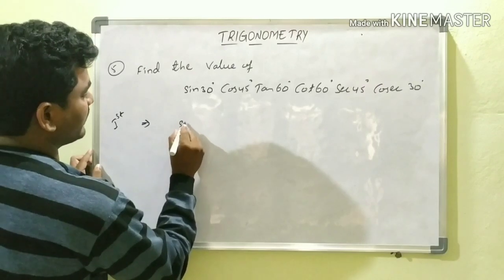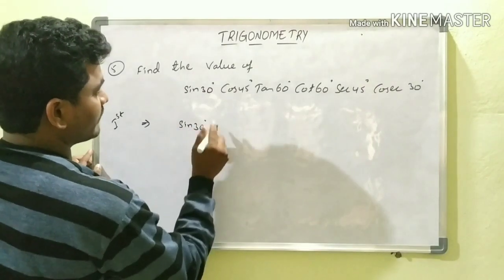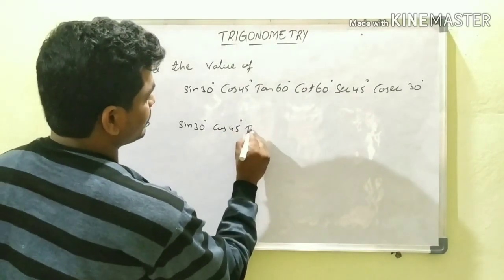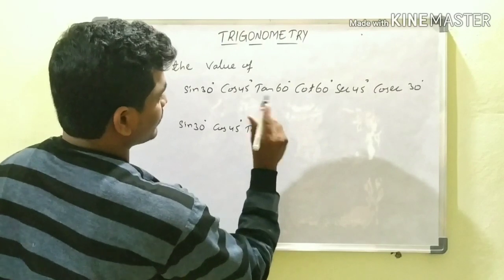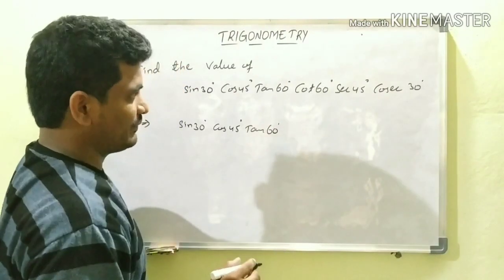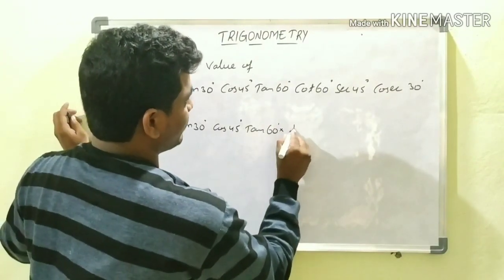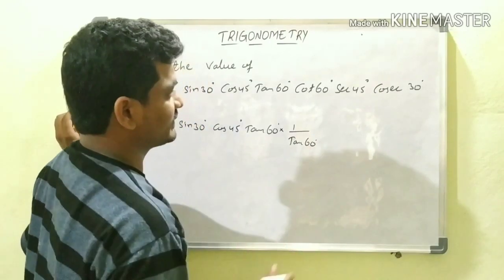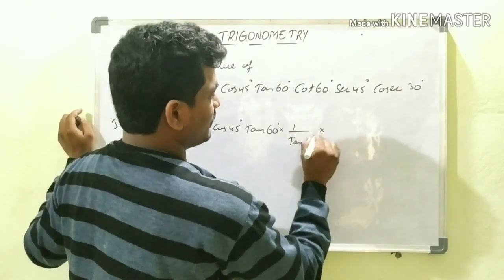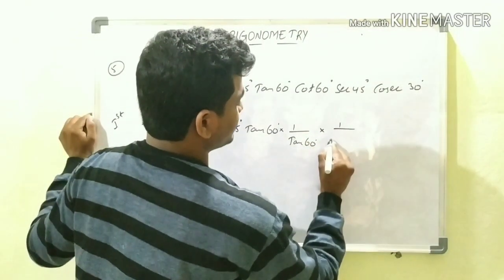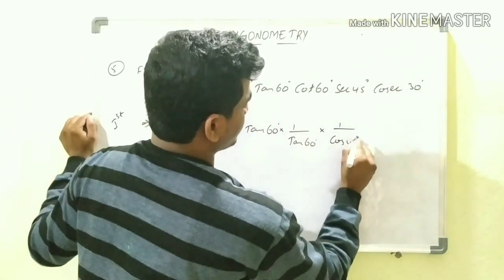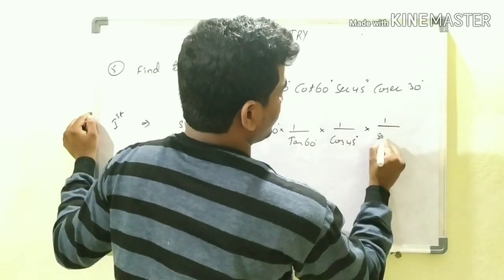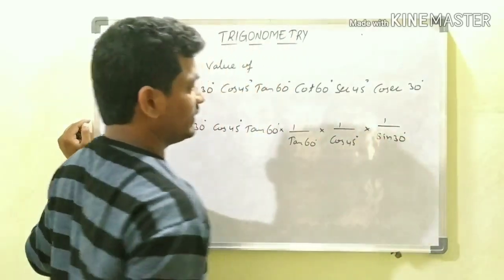Here sin 30 I am writing as it is, cos 45 as it is, tan 60 also, and the others I am writing as reciprocals. Cot 60 is 1 by tan 60, sec 45 is the reciprocal of cos, so it is 1 by cos 45, and cosec 30 is 1 by sin 30 degrees.